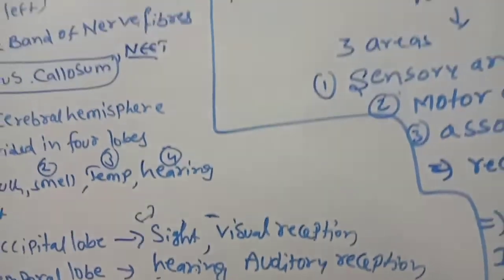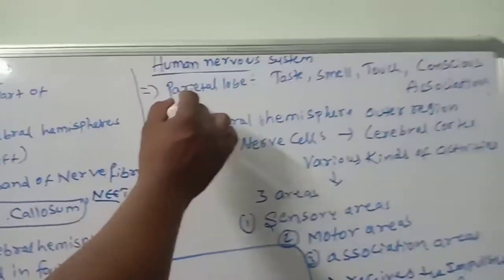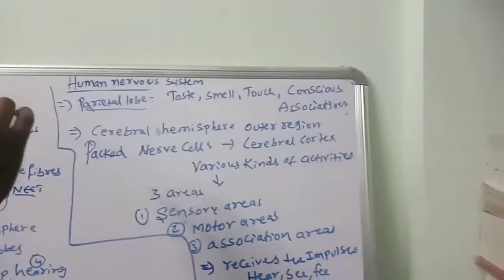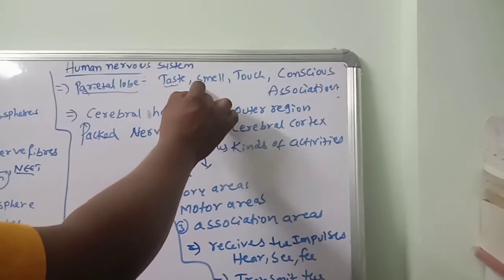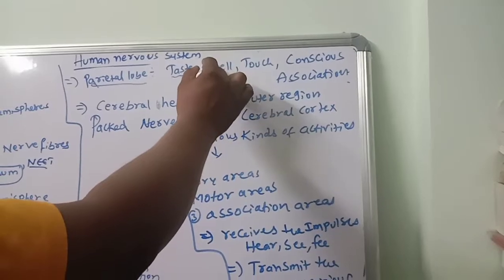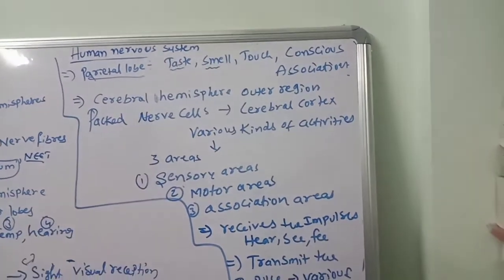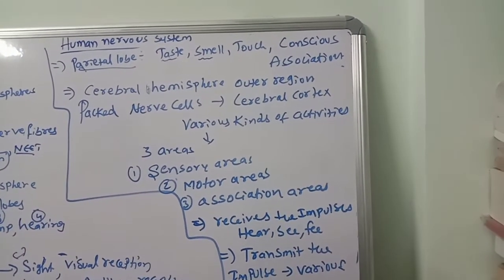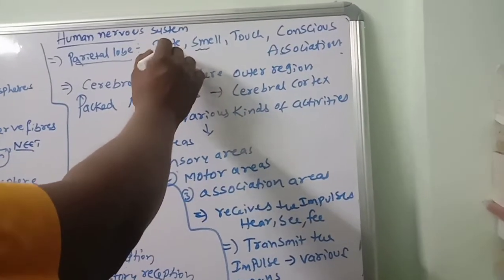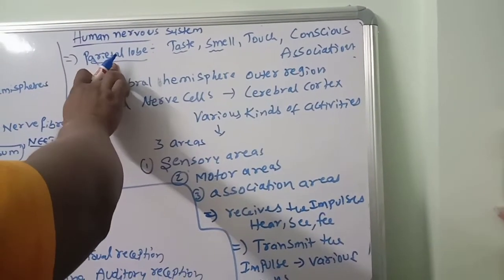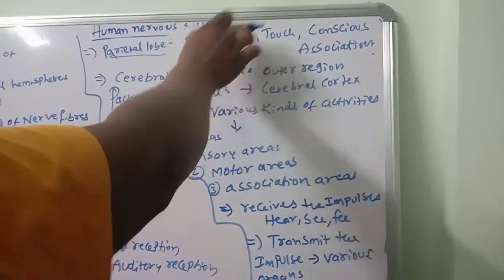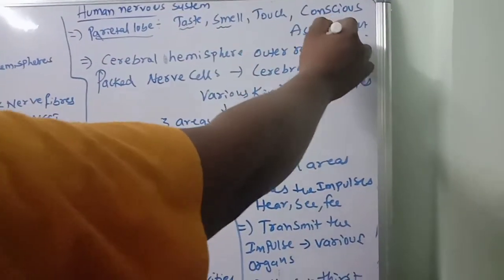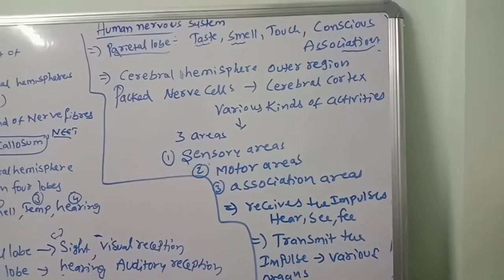Next, the parietal lobe is helpful for identification of taste and smell. Different receptors gain the information and they decide. So the parietal lobe analyzes taste, smell, touch, and conscious association related activities.